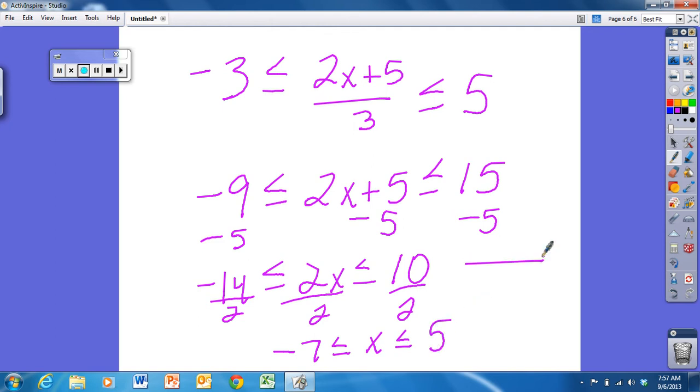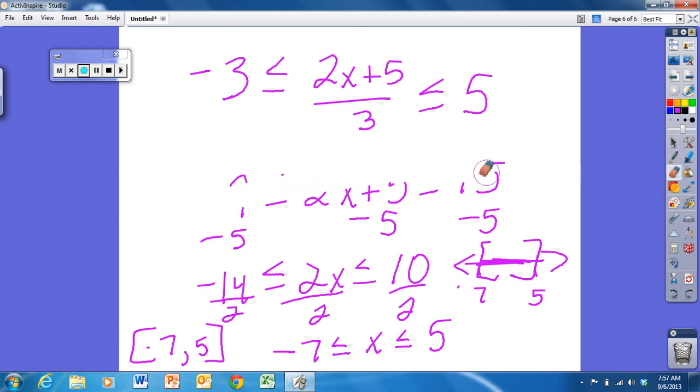So your answer, if you had to graph it, would look like that. Or in interval notation, it would be negative 7 to 5 with brackets. So basically what you're saying is you have two separate inequalities.